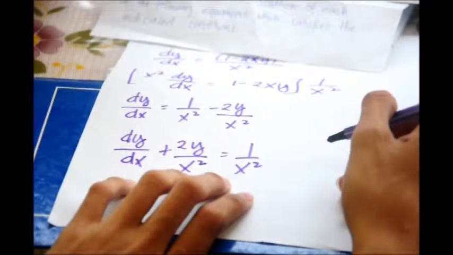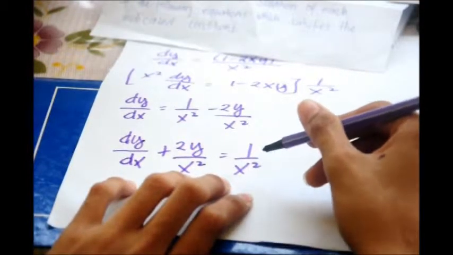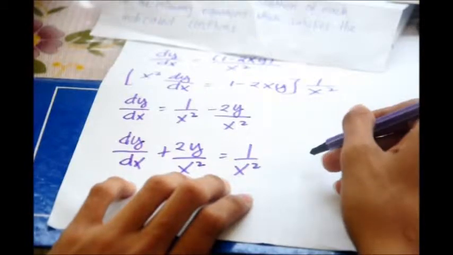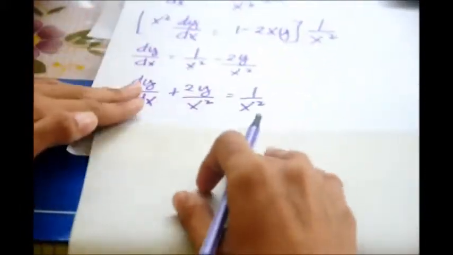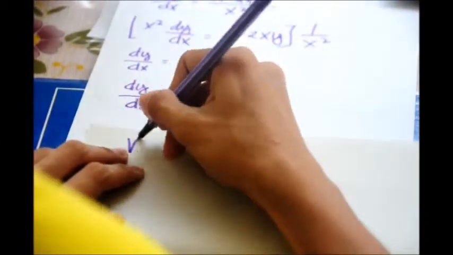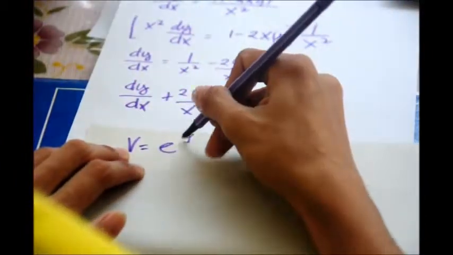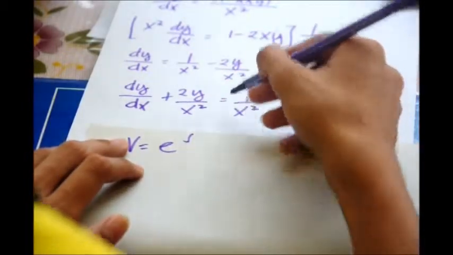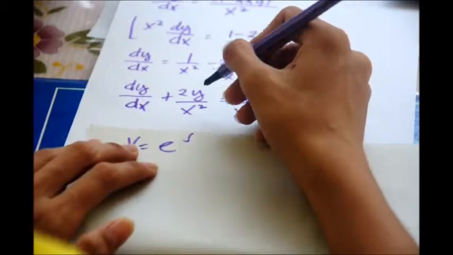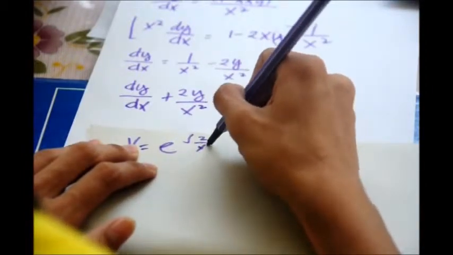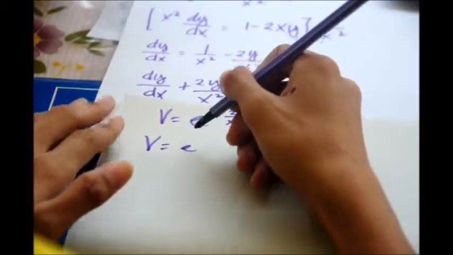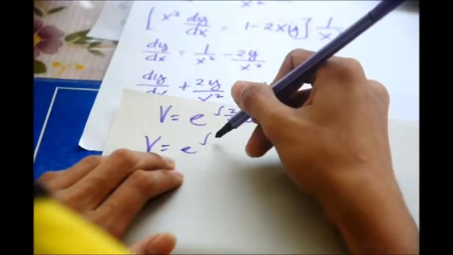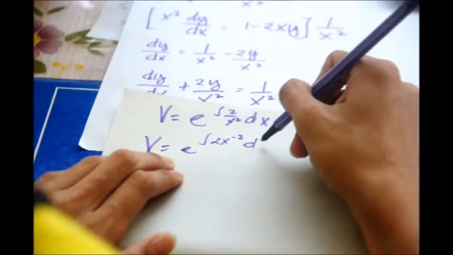So since it is a linear type of differential equation, we must find an integrating factor with the value of v. So by finding an integrating factor, we have a formula that v equals e to the integration of, and the integrating factor is 2 over x squared dx.